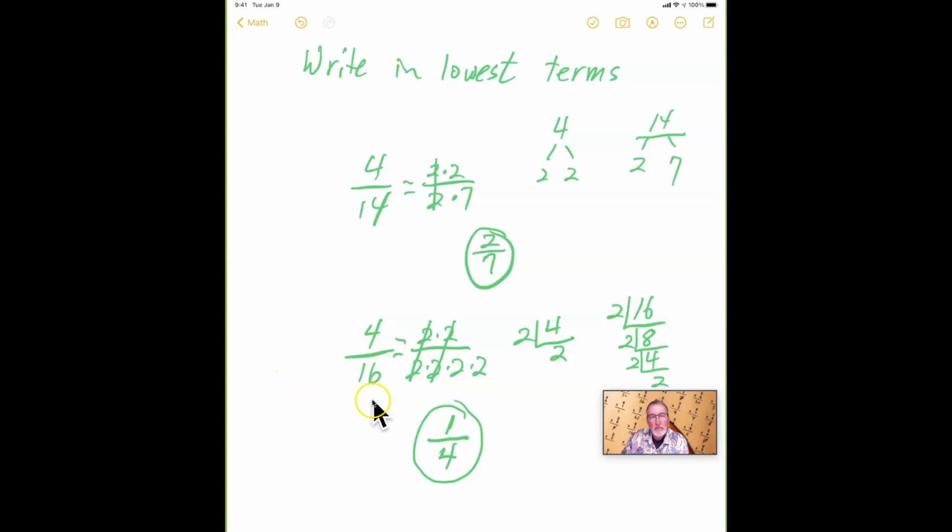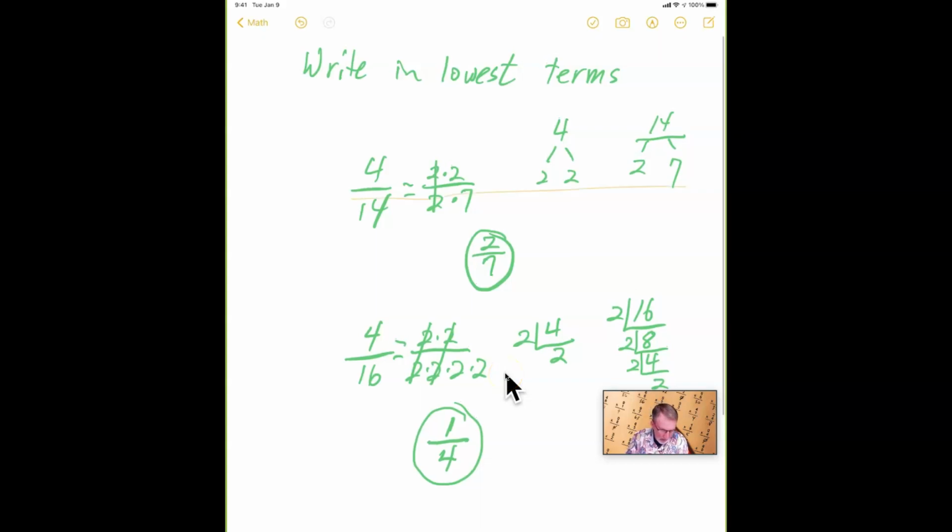Prime factorization isn't the only way to get this, but it does work pretty neatly. You can say, okay, 4 and 16 are both even. I'm going to divide them both by 2. And I'm going to get 2 over 8. Okay, so you can do that.